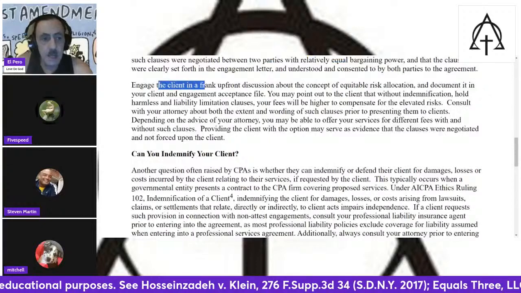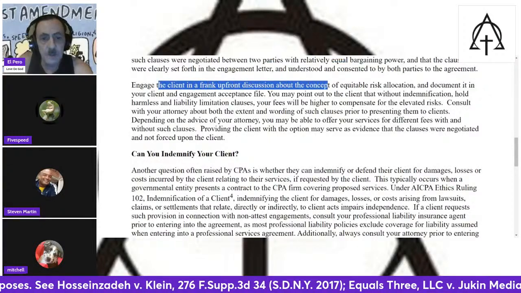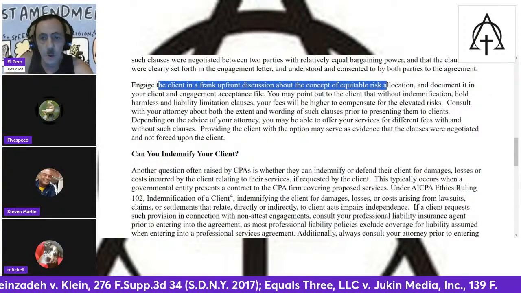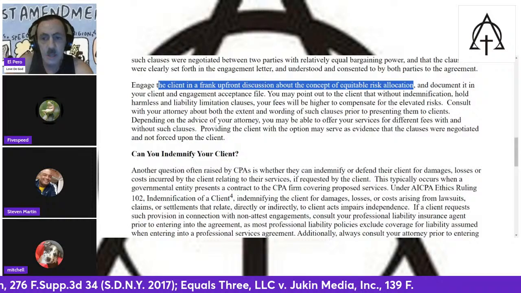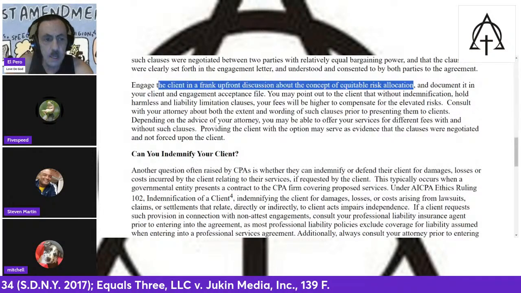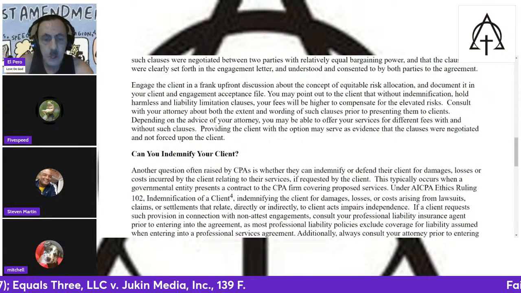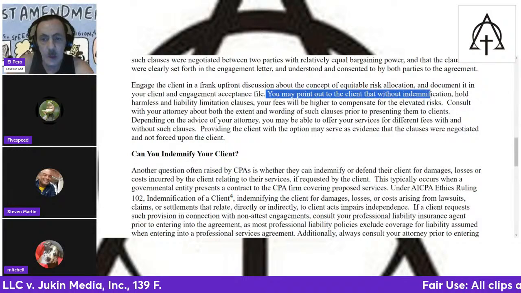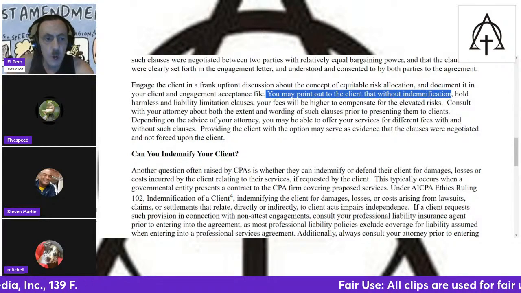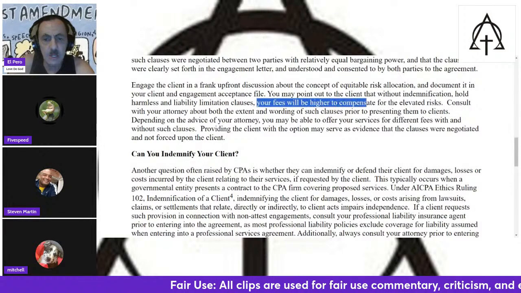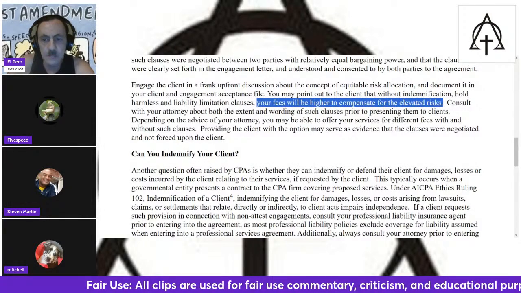Engage the client in a frank, upfront discussion about the concept of equitable risk allocation and document it in your client and engagement acceptance file. You may point out to the client that without indemnification, hold harmless, and liability limitation clauses, your fees will be higher to compensate for the elevated risk.